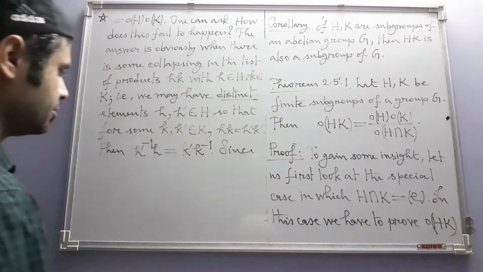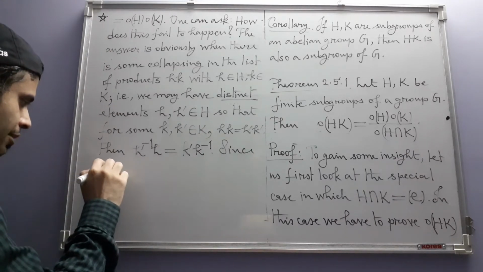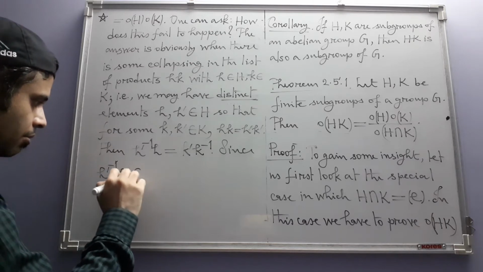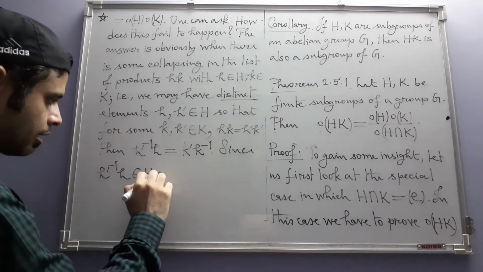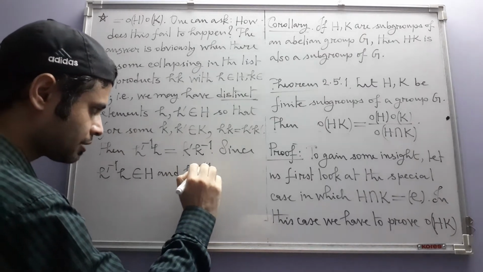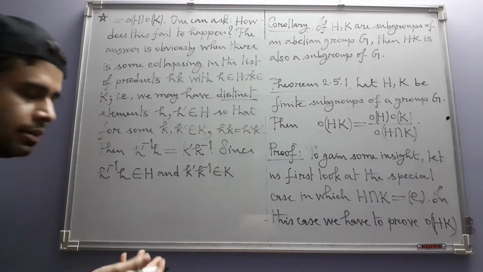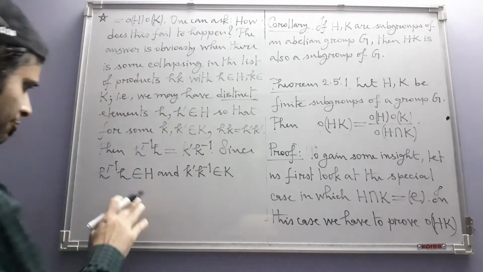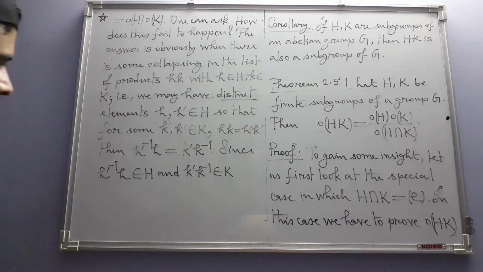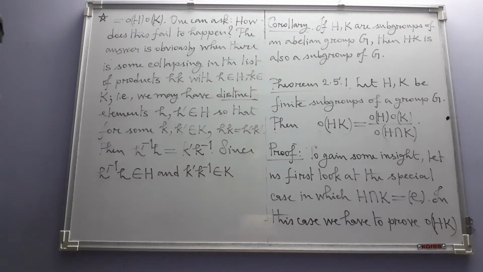Okay, now watch this. Since h prime inverse h belongs to H and k prime k inverse belongs to K, because these are after all elements of H and K, the fact that they are subgroups allows us to conclude that these products belong to H and K respectively.